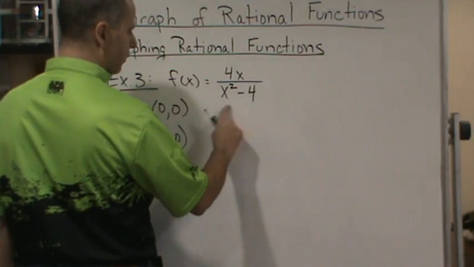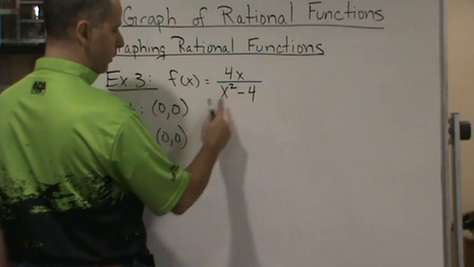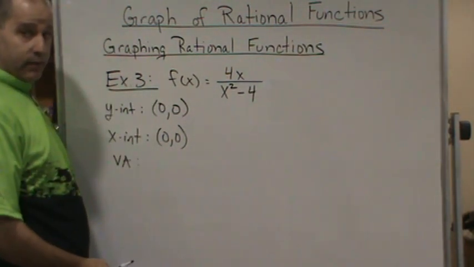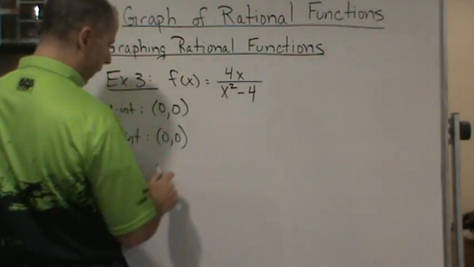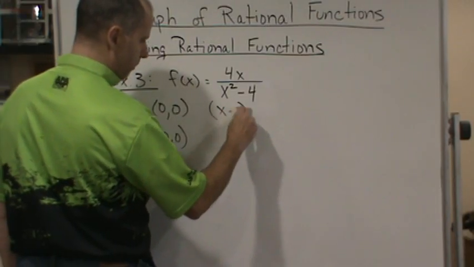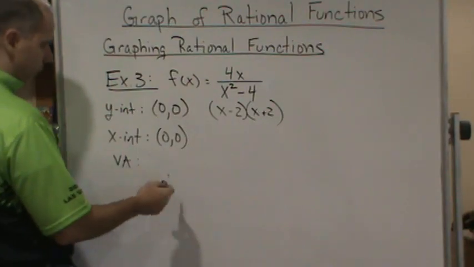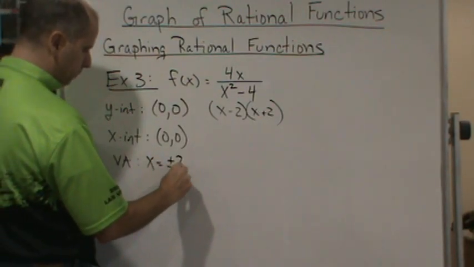So we factor the denominator and then use the zero product principle, setting the denominator equal to 0 and solving. This is a difference of squares, so it factors into x minus 2 and x plus 2. That means we have vertical asymptotes at x equals plus or minus 2.